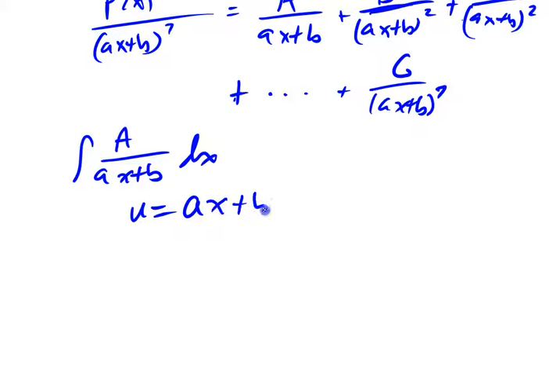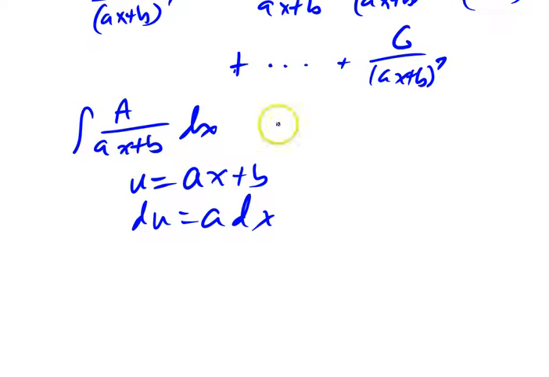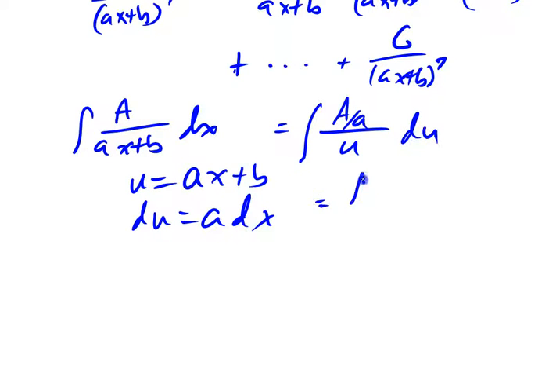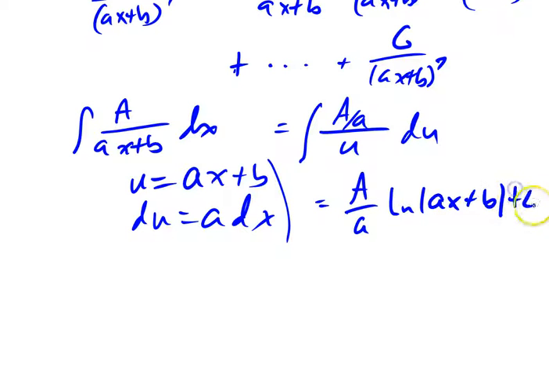U equals ax plus b. Du is just little a dx. So that integral becomes the integral of capital A over u, but I'm going to end up with a 1 over little a. So I have capital A divided by little a times du. So I've got A divided by little a times the natural log of the absolute value of u, but u is ax plus b, plus a constant.